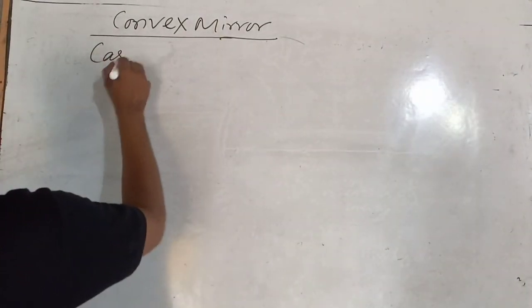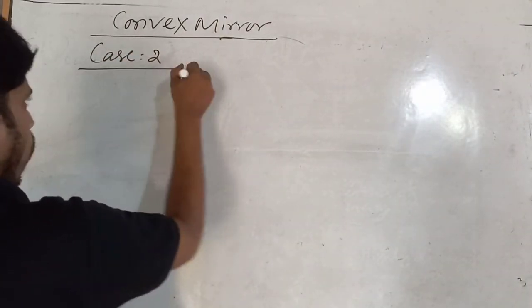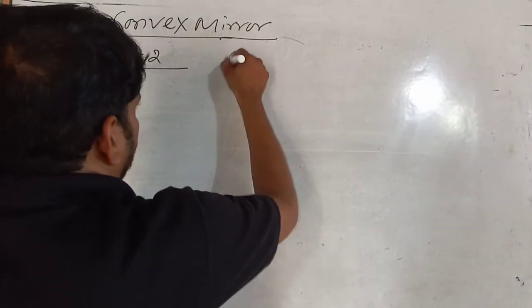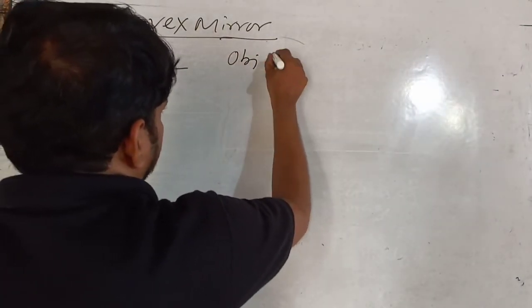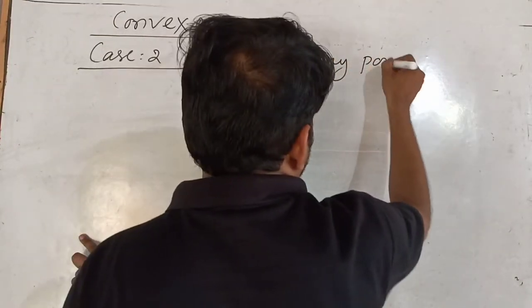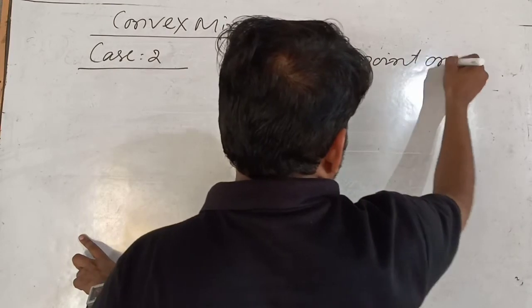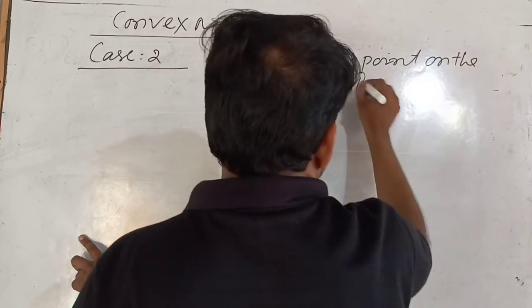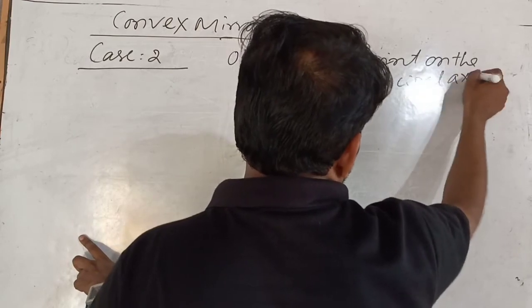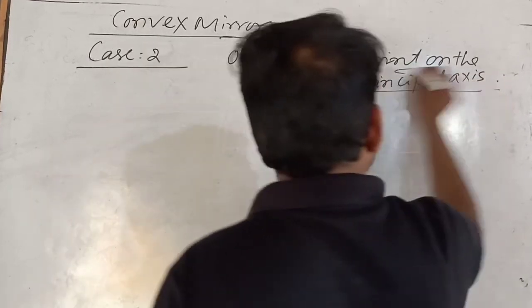So case 2: the object is at any point on the principal axis.